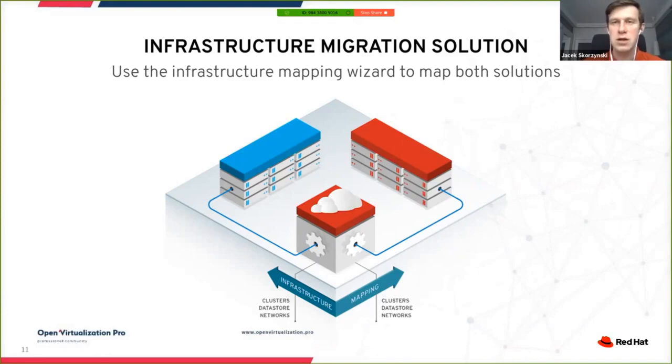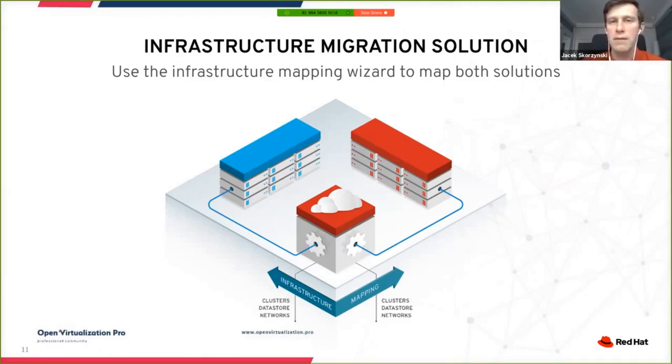So this is like an infrastructure mapping between different infra aspects on both sides. Whenever it comes to the data store, cluster, or network, we need to map them properly. I will show you later in the demo video how it looks. It's relatively easy, so there will be a good explanation for that.